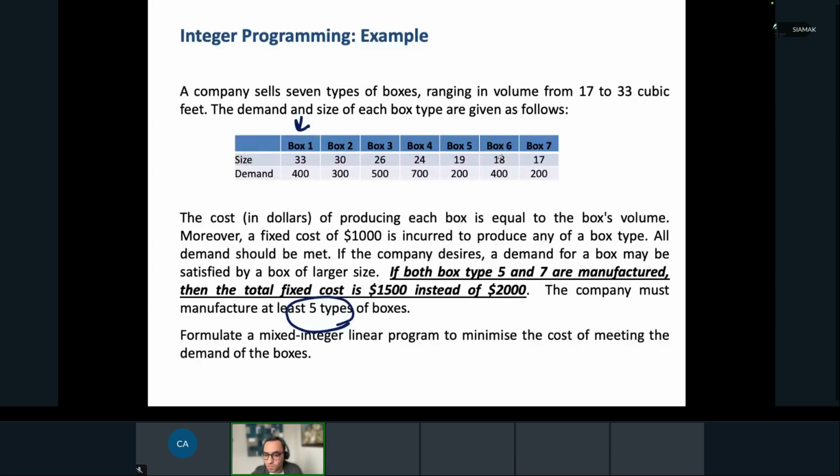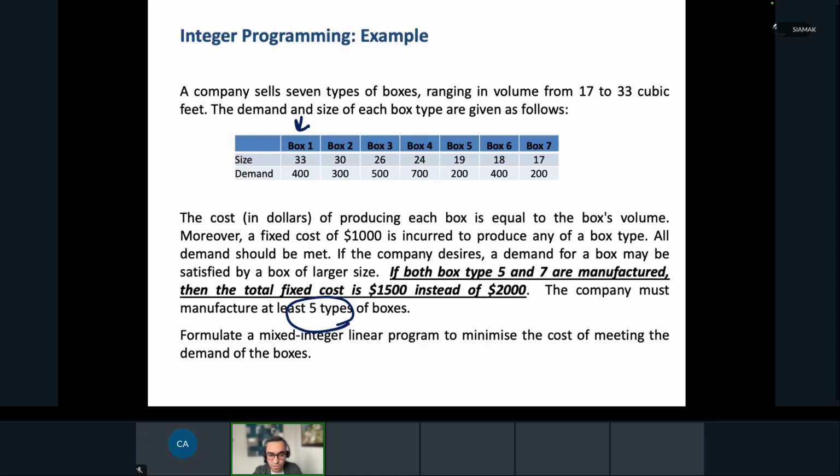What is the difference between the first two constraints? Both tell you we need to satisfy the demand, right? So why do we need to separate them into two constraints? No, they are different constraints.